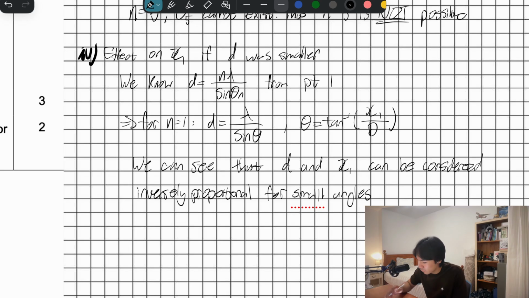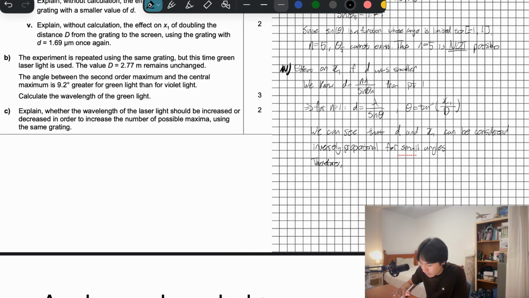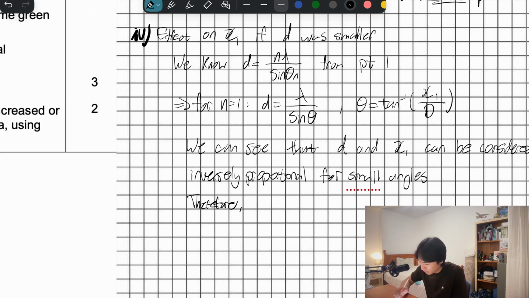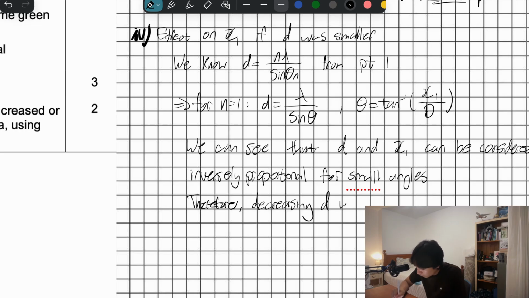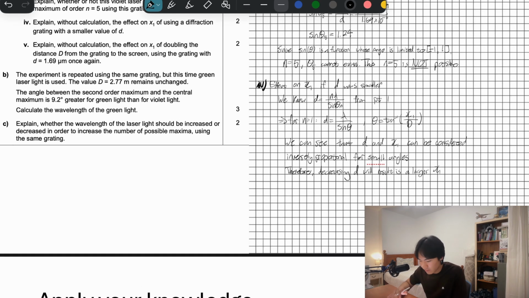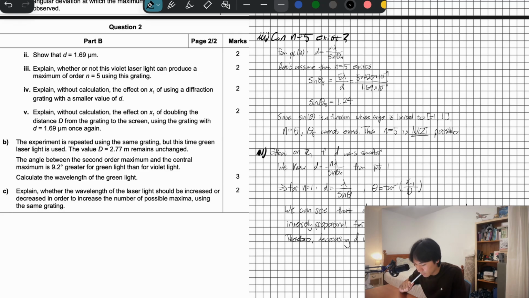So we can say this statement here: therefore, decreasing d will result in a larger x1. Simple justification.